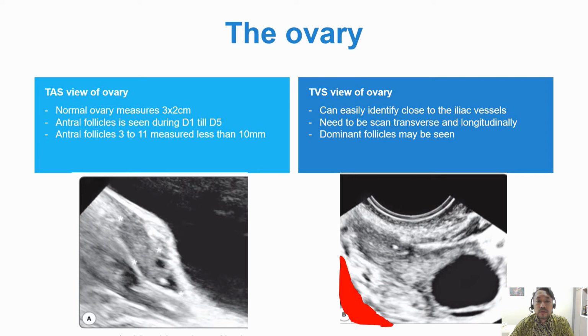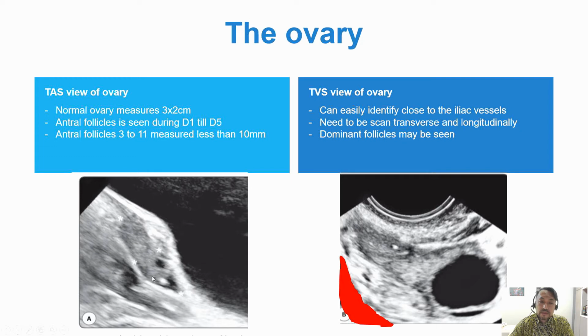Next, you are going to focus on the ovary. The ovary, as you know, is very small. The size is 3 times 2 centimeter. So by transabdominal scan, sometimes you can see the ovary at the side here.